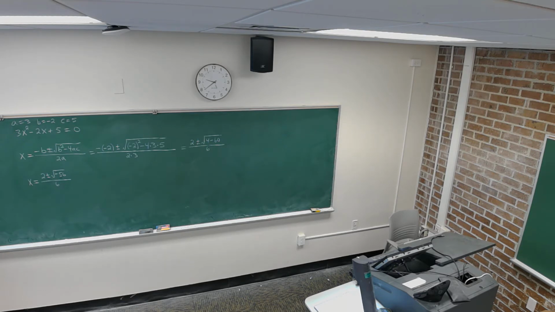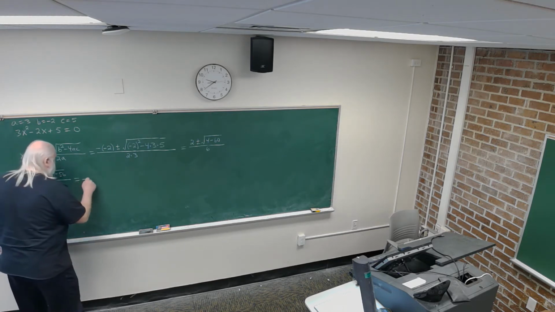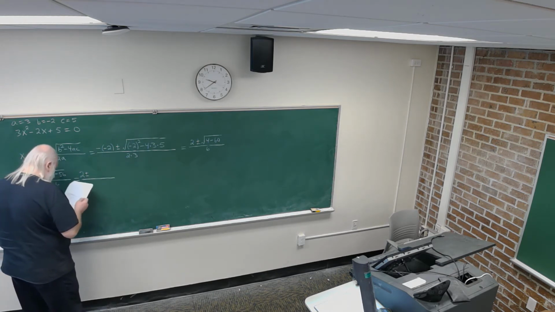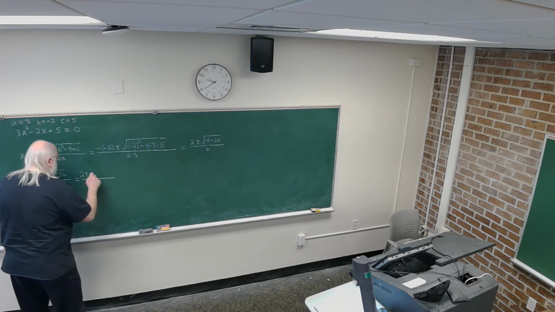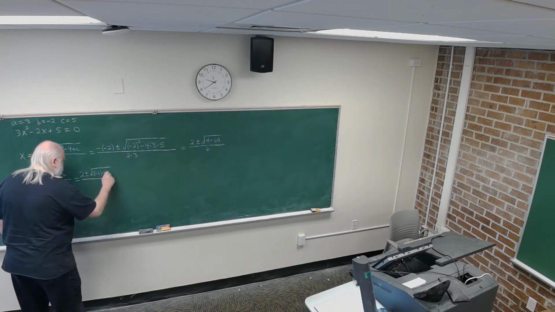56 can be written as 4 times 14. 4 is equal to 2 squared, you know, the square root of 4 is 2. So this is equal to 2 plus or minus the square root of negative 1 times 4 times 14.